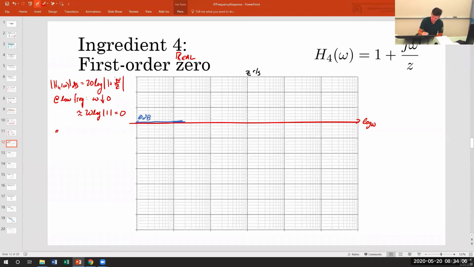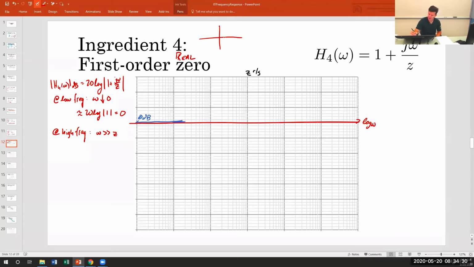Let's say at high frequencies, and by high frequencies I mean omega much larger than z. Well, then all of a sudden this sum looks like a real 1 plus now a very large imaginary number.